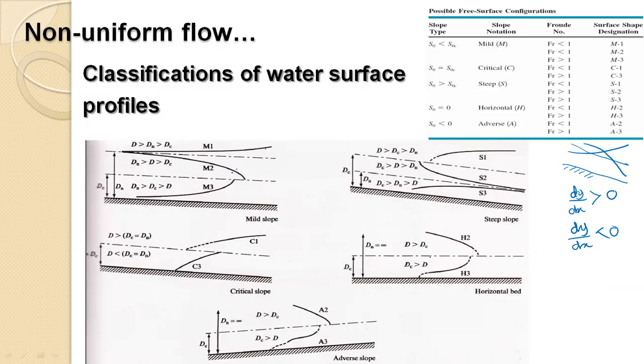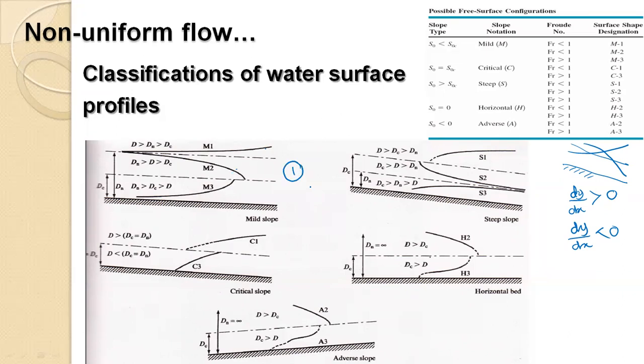Now, there are different conditions you would come across, and they are classified with respect to the water profiles and the bottom slope. Let me take one example. You can go through the different conditions. I'm going to take what we call the mild slope.